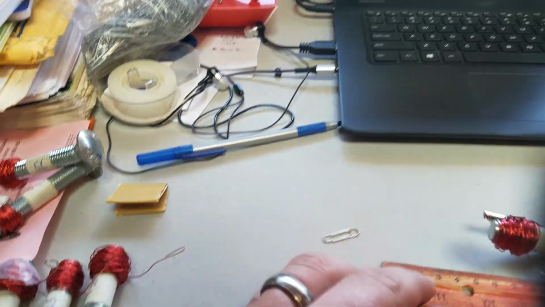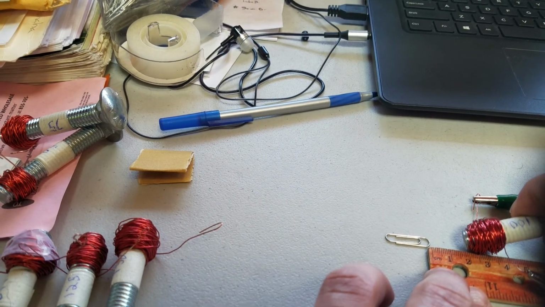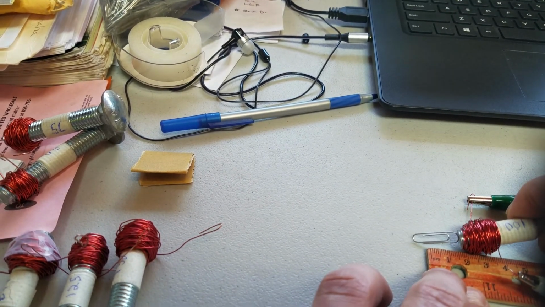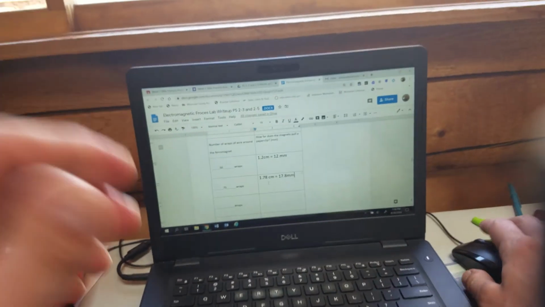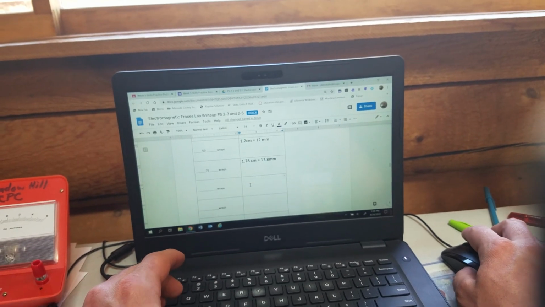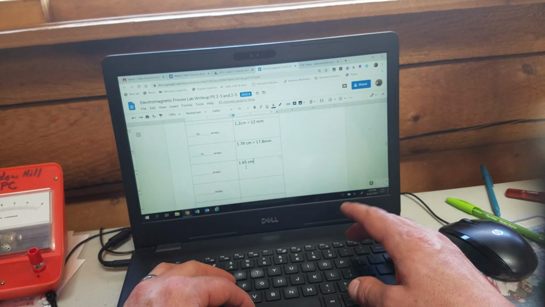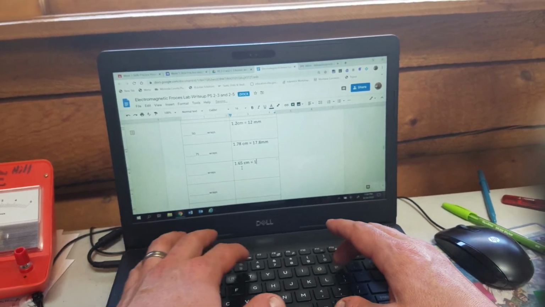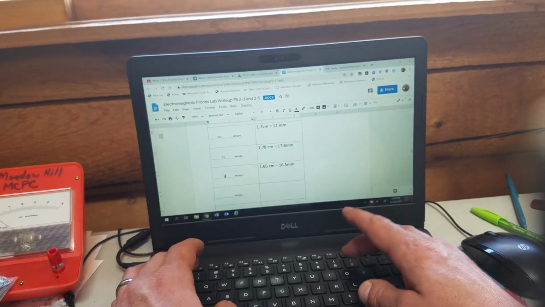About 1.5. And about 1.6. So let's round that up. We'll say about 1.65. 1.65 centimeters, which is equal to 16.5 millimeters. And this was with 100 wraps.